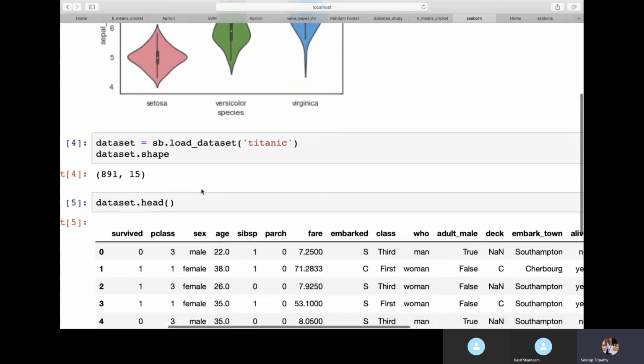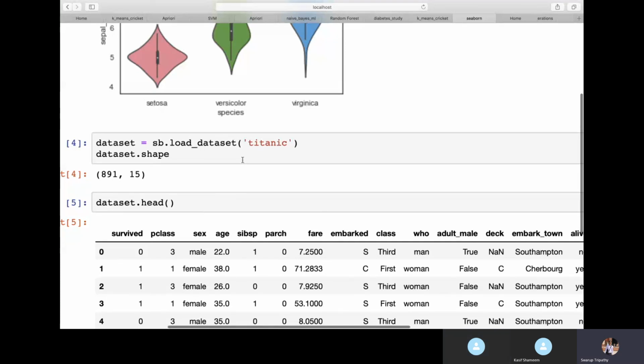So you can load this data, Titanic. Done.